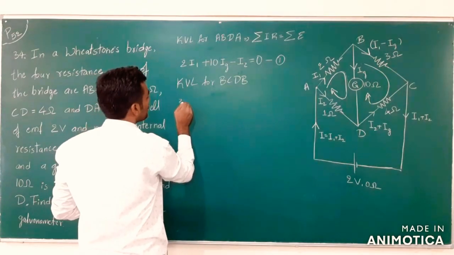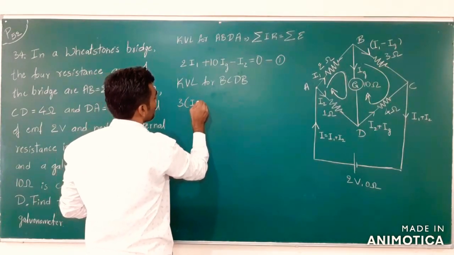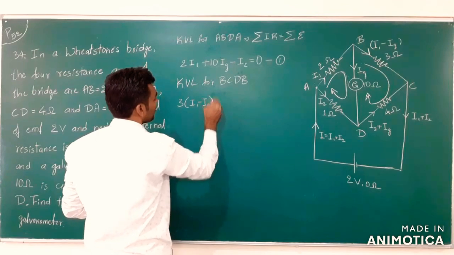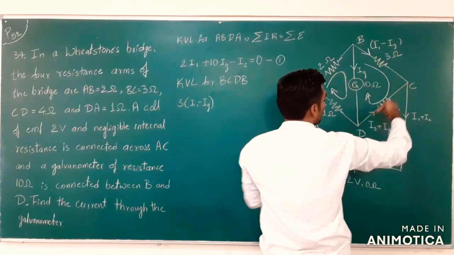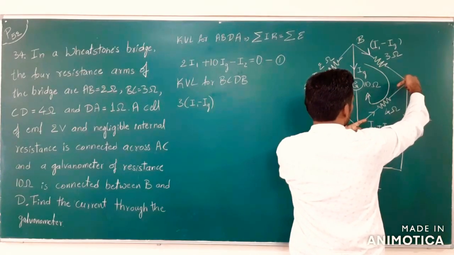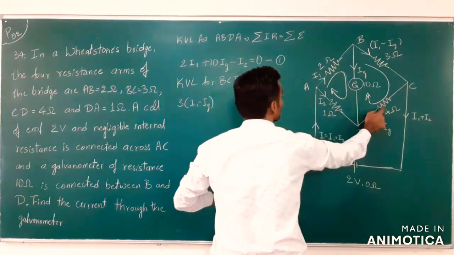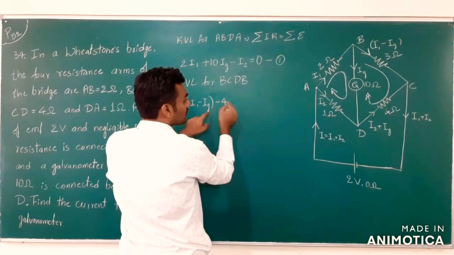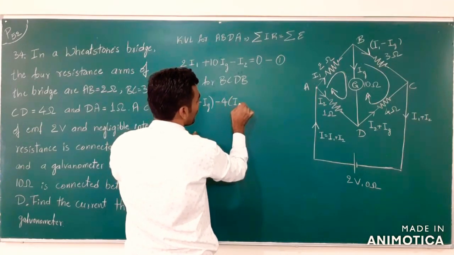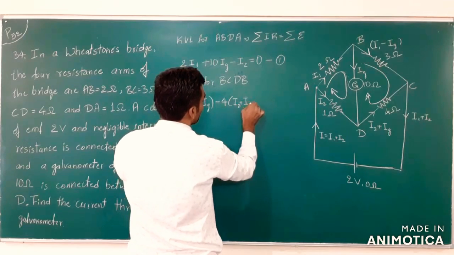So, it is 3 into I1 minus Ig, right. This part is done. And then from C to D, I have a current of I2 plus Ig flowing in the opposite direction through 4 ohm resistance. So, it is opposite direction, minus 4 of I2 plus Ig.